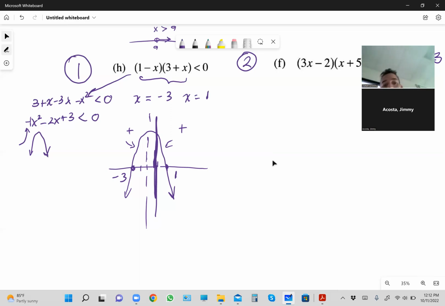So the answer to this would be x is greater than 1 or x is less than negative 3. So that's how you would use a graphical method to determine the solution. Make sense?